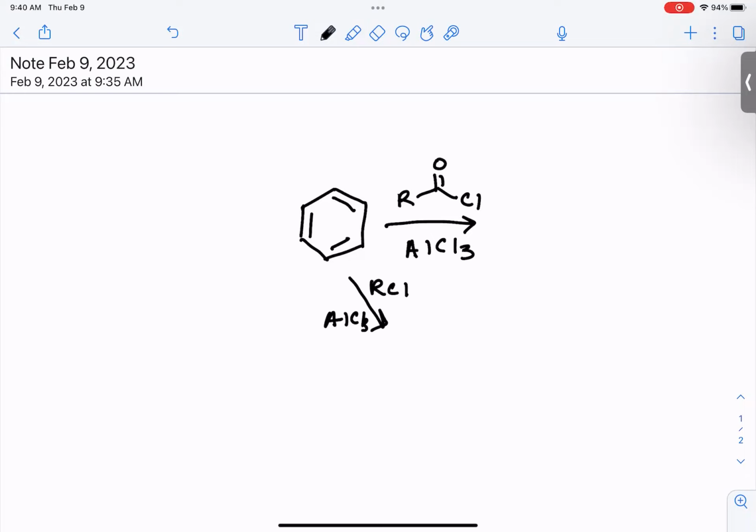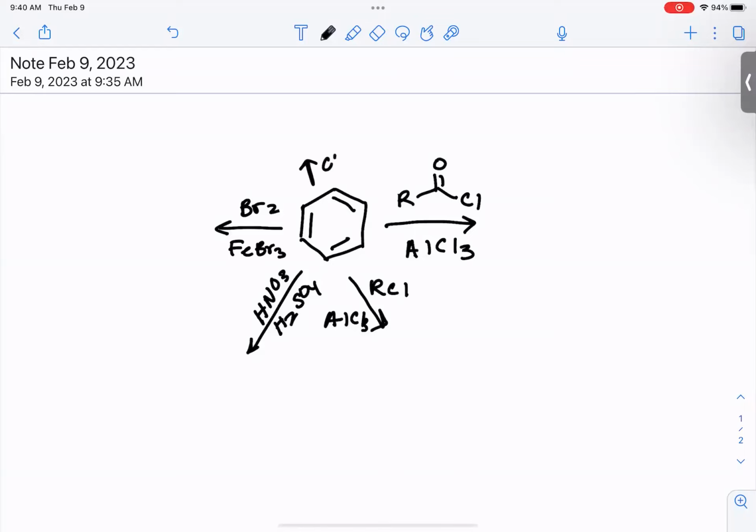You can alkylate a ring. You can nitrate a ring. You can brominate a ring. And you can chlorinate. All right, so just take a minute and draw the different mono-substituted benzenes that you would get.